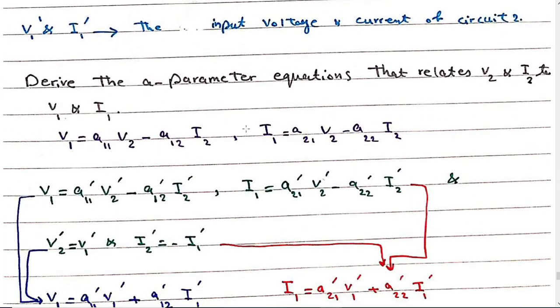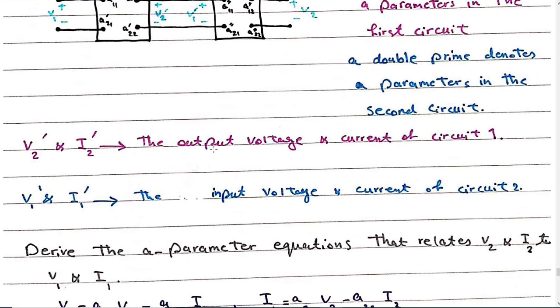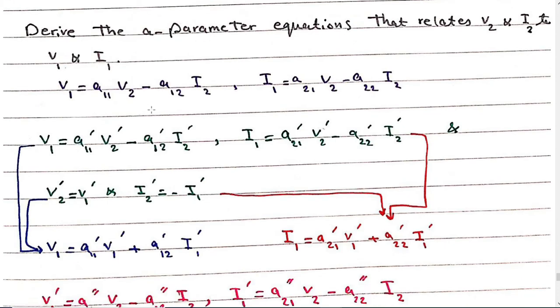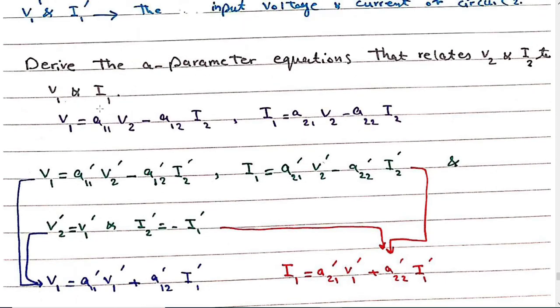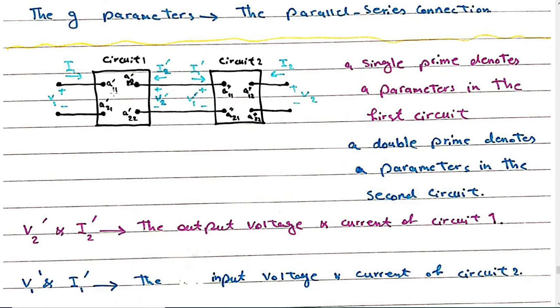So how to find the relation between these A parameters? We use the same equations we had before. So now, because V1 is A11 multiplied by V2 minus A12 multiplied by I2, what is our new A1 for the first circuit?